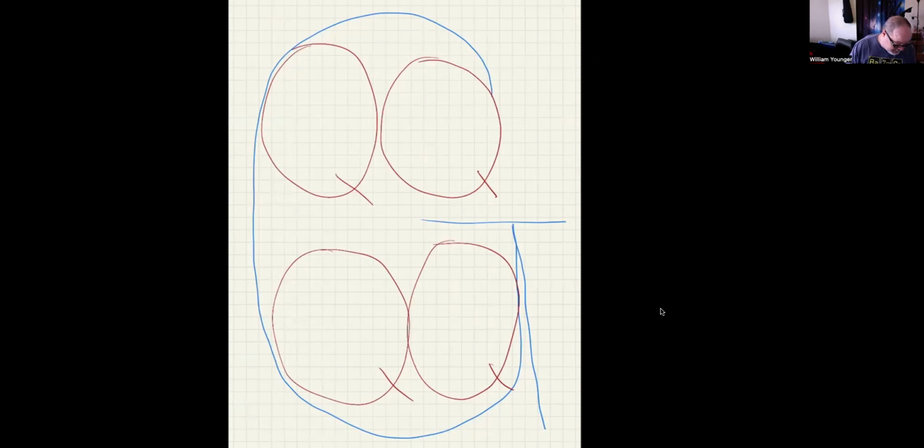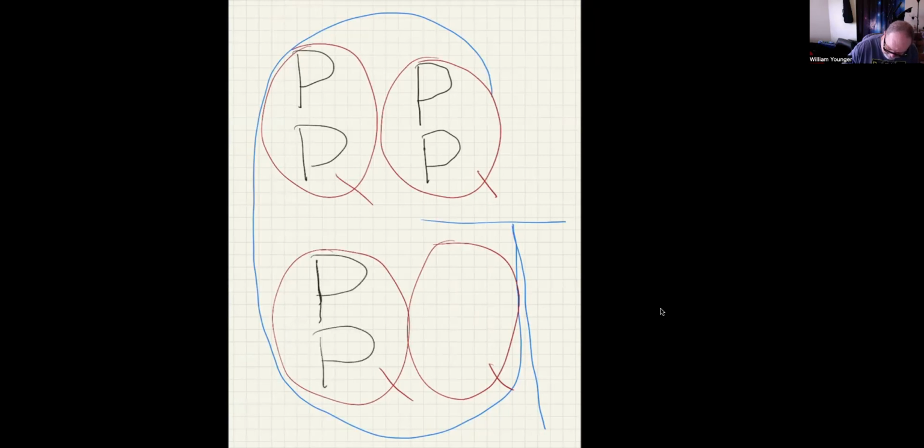And then inside of there, you can actually put a really large, let's go black this time, P. Okay, and then inside of each of the P's, of course, you can put a, let's go to green this time.